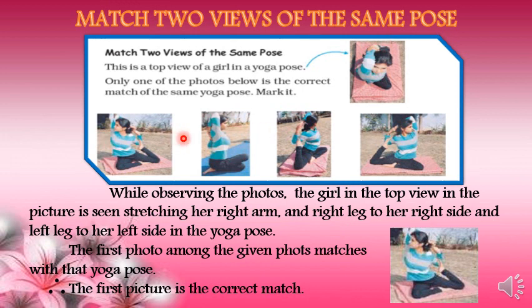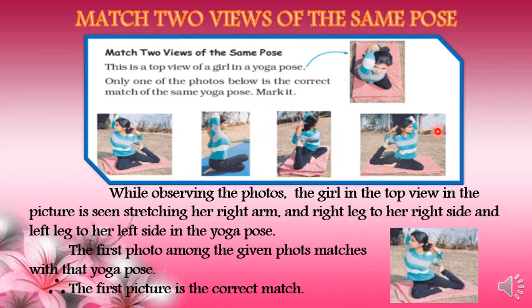Now from these four pictures we need to choose the correct answer. Observe the last picture once. Here in this picture the girl is stretching her left arm. In the third picture also the girl is stretching her left arm.